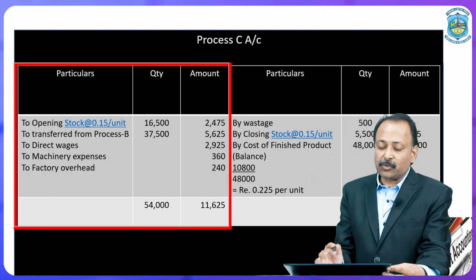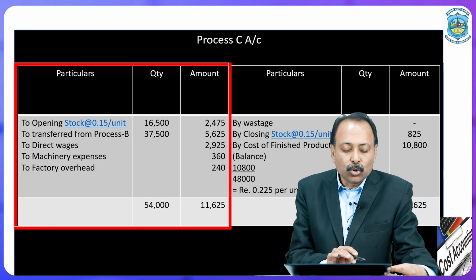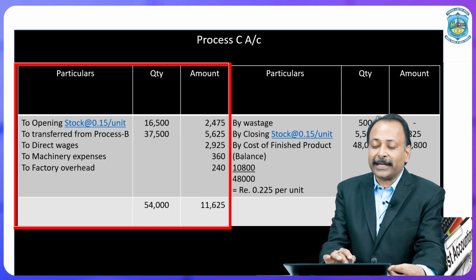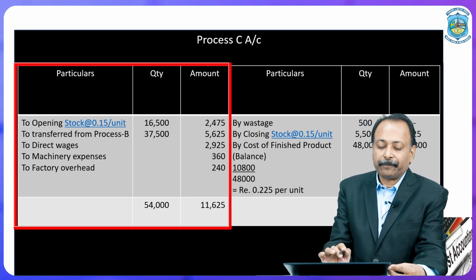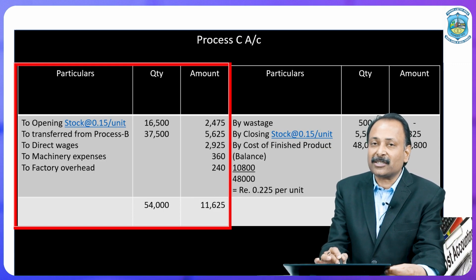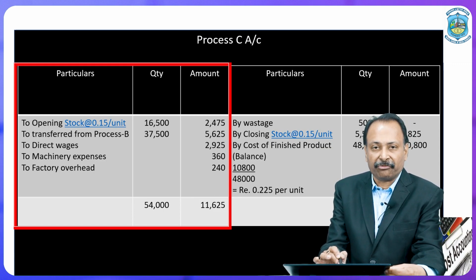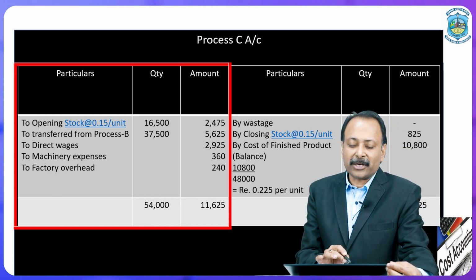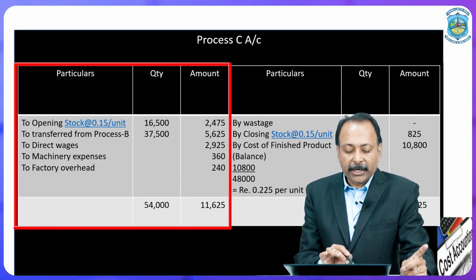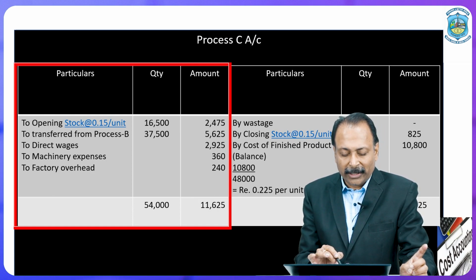Then from the previous process, we get the intake, that is the transfer from process B. To transfer from process B is 37,500 units, and the value of 37,500 units is 5,625 rupees.